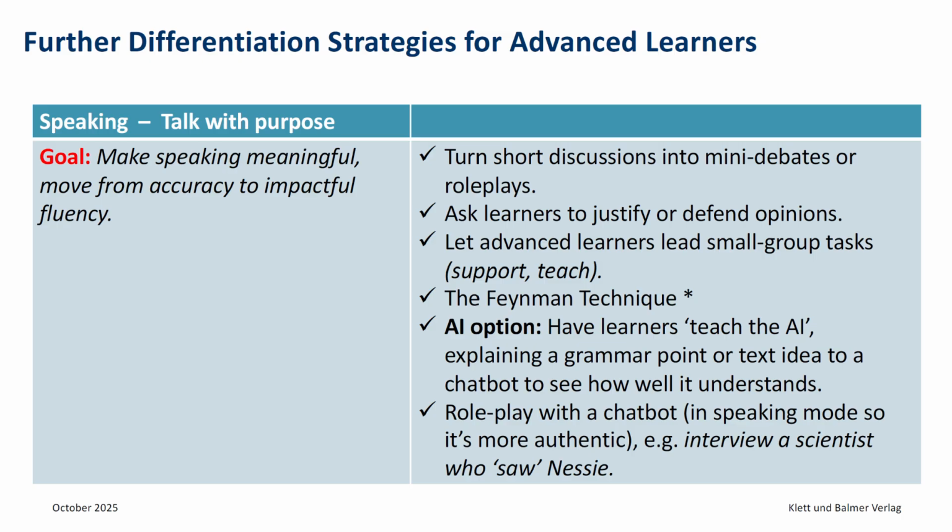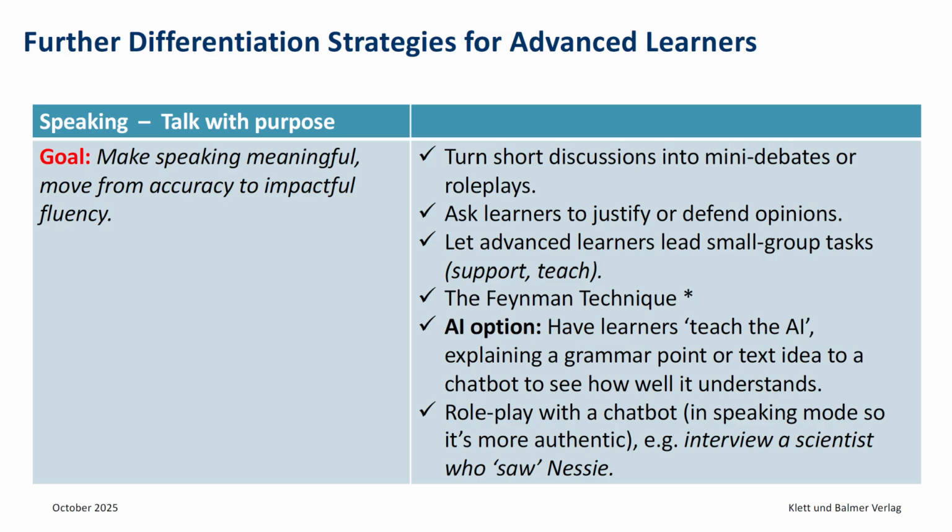Another cool thing, I don't know if you guys have tried this, but role play with a chatbot very quickly. You can actually create your own GPTs. So if we find that learners, especially advanced learners, maybe there are 2, or maybe there's just 1 learner and they're not getting the stimulation they need because the other learners can't converse with them at that level.